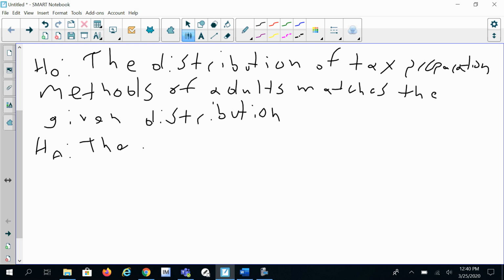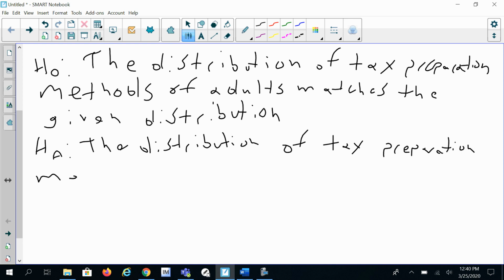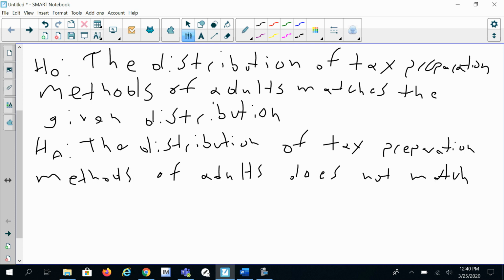So the distribution of tax preparation methods of adults does not match the given distribution. And we are done with step one.